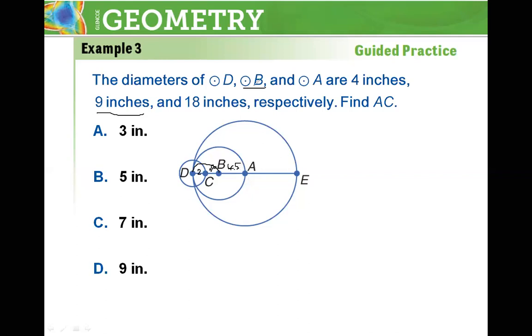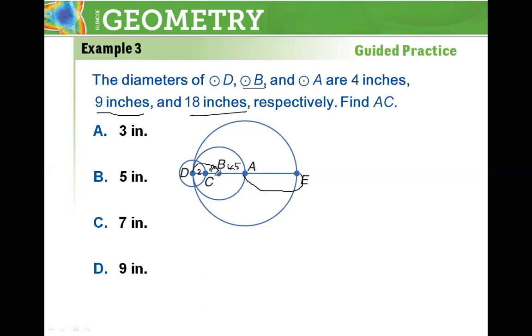Okay, now I'm going to the last circle, the big circle, circle A. The whole diameter is 18, Muhammad. What about the radius? It's 9 inches. It means all this will be 9. So this part is 9 and the other part also is 9. Can you find AC, Muhammad?